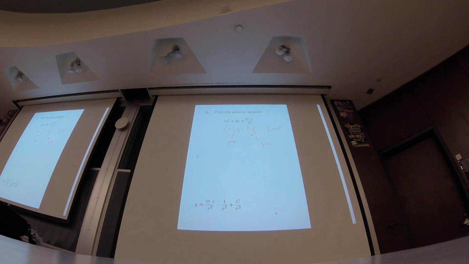We multiply by e to the integral of p, which is e to the integral of 3 over x dx, which is e to the 3 ln x, which is e to the ln x cubed, which is x cubed.